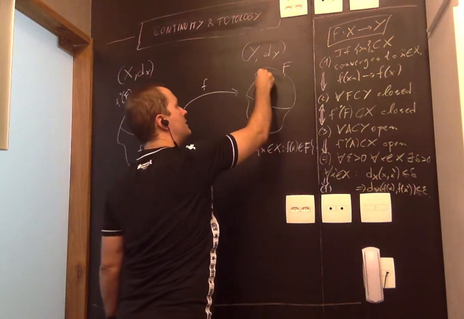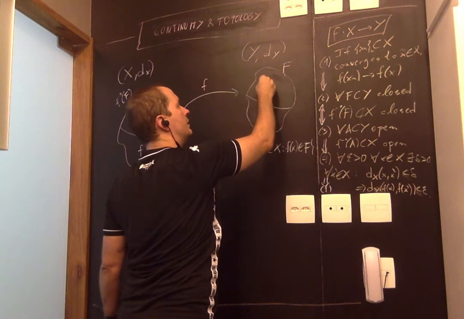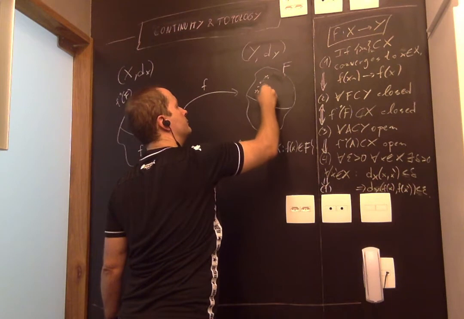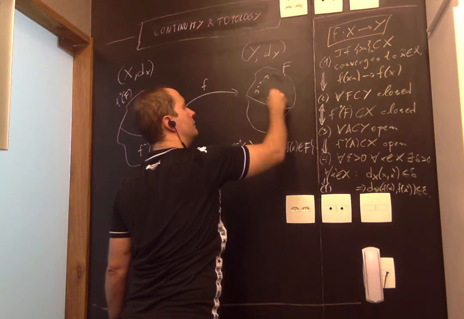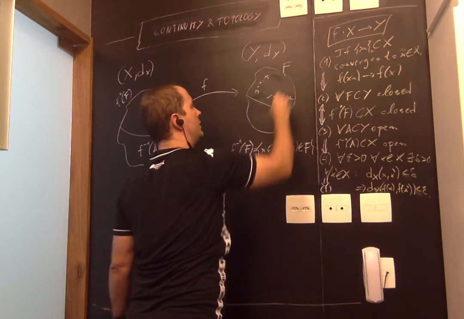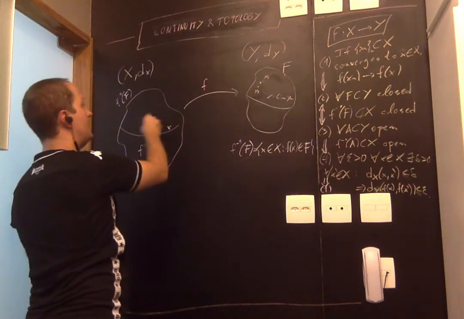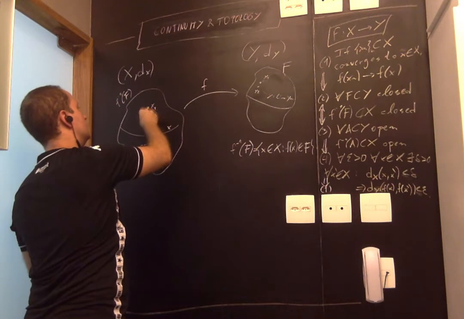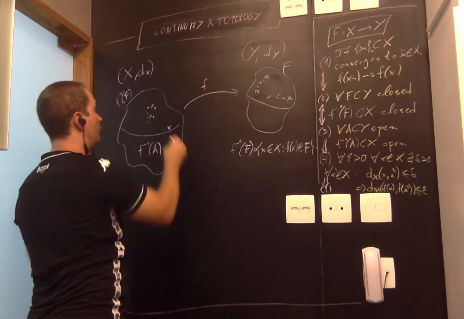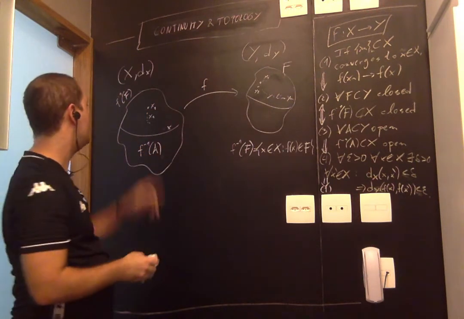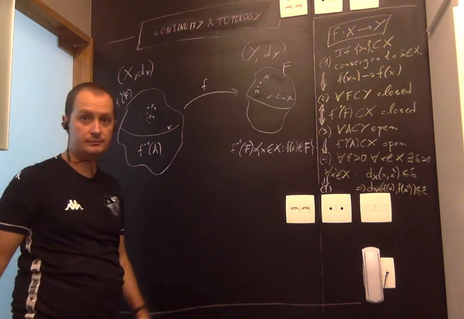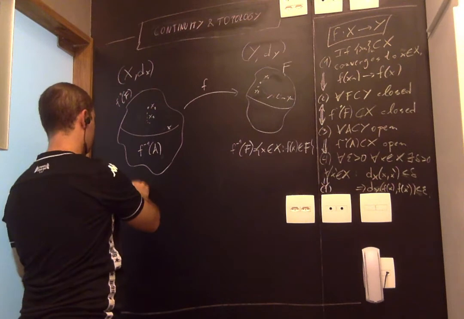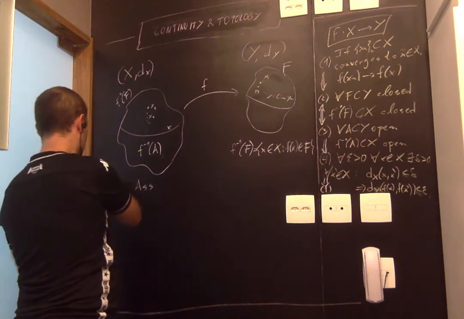I know that any sequence here that converges to a point in F maps to a convergent sequence. And now I want to prove the same thing here. So I should take a sequence of points that converges and show that its limit belongs to f minus 1 of F. Okay? So assume 1, we want to show 2.